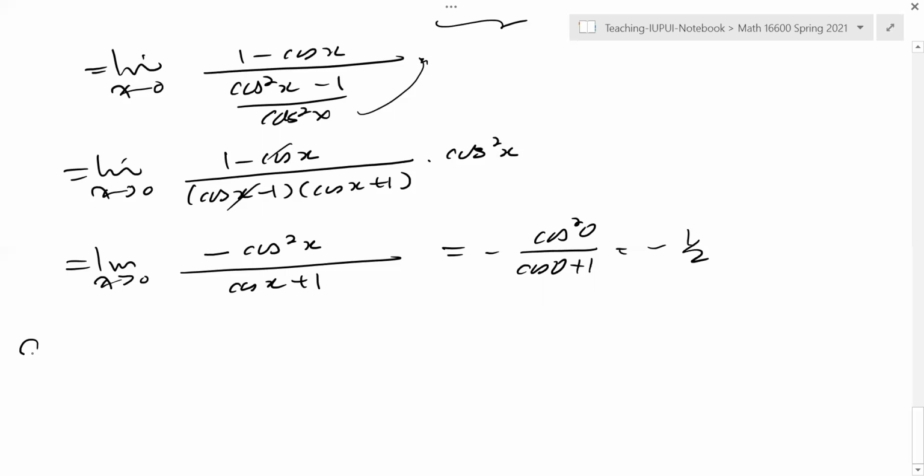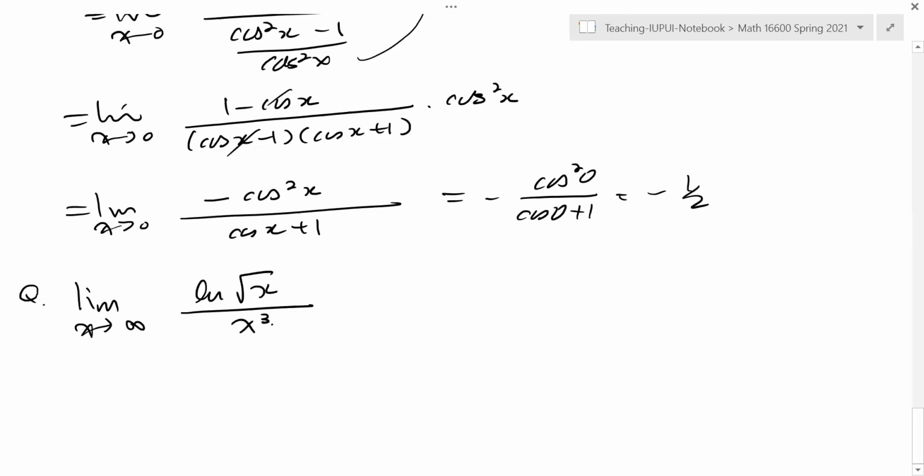So now let's take a look at the next problem. Natural log of square x divided by x cubed. How do you find the limit of this? Well, first of all, when x approaches infinity, natural log of square x approaches infinity, so it's the infinity over infinity type.